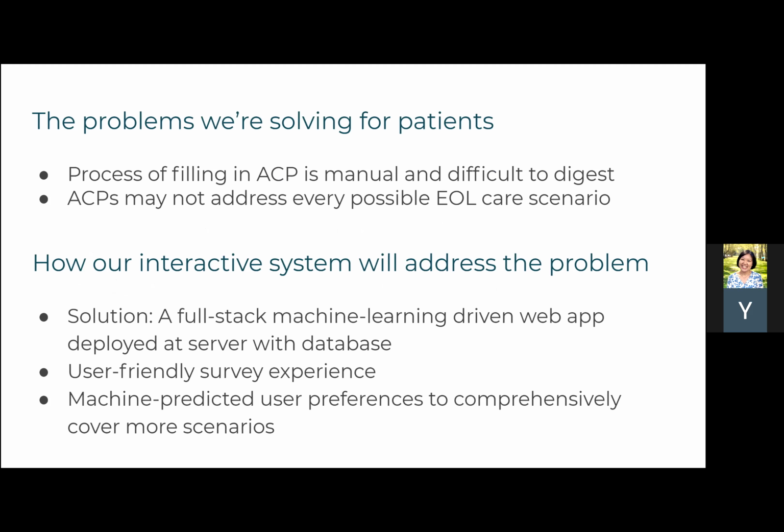We aim to solve the two problems mentioned earlier by developing a user-friendly experience and supplementing documented user preferences with machine predicted patient preferences to cover even more scenarios. And now we will go through a demo of the product that we built.